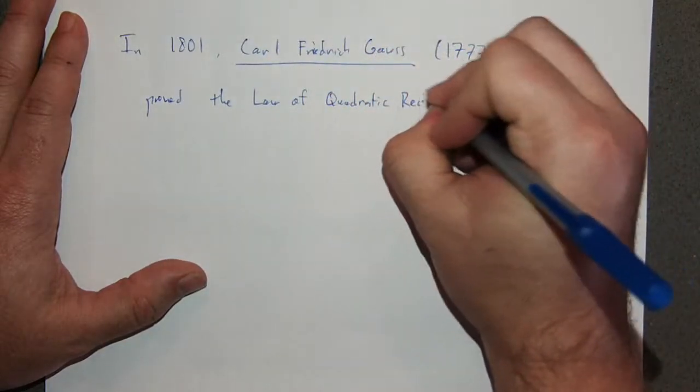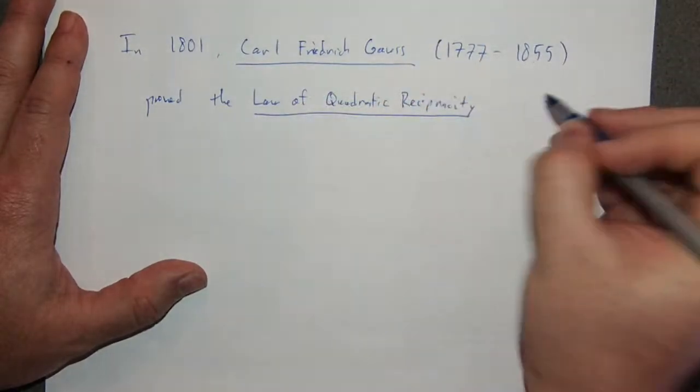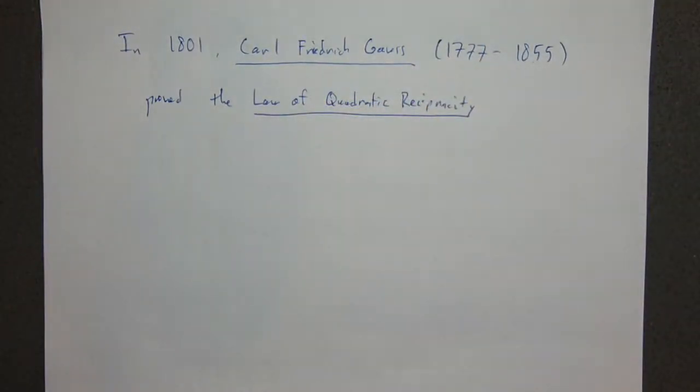Now, this is taken as a huge milestone in number theory. Really, Legendre was kind of the first number theorist to move far beyond Diophantine type questions.